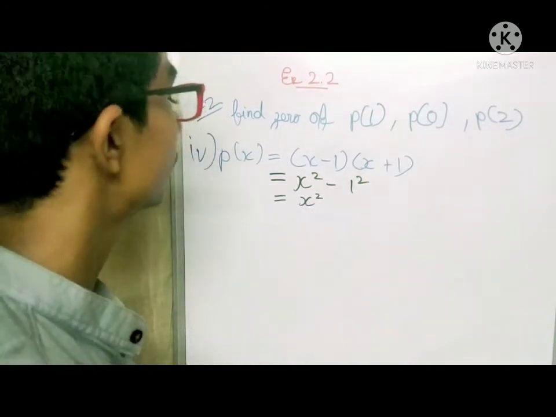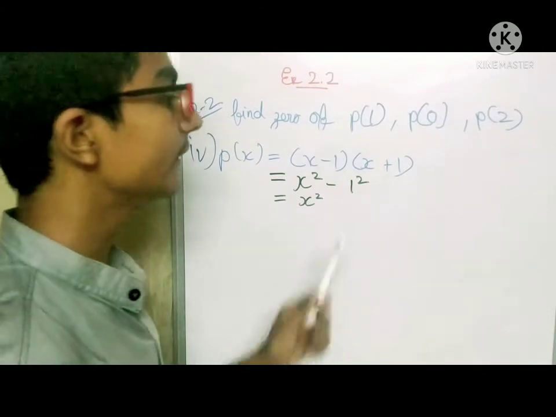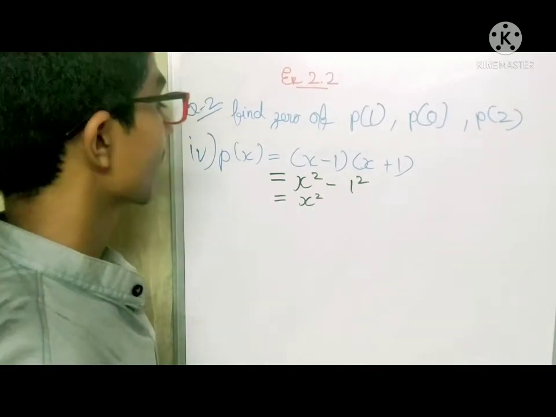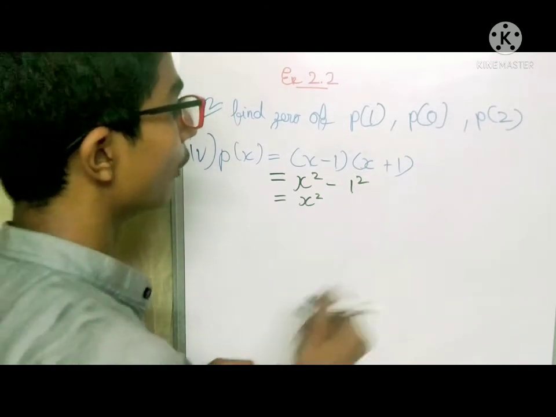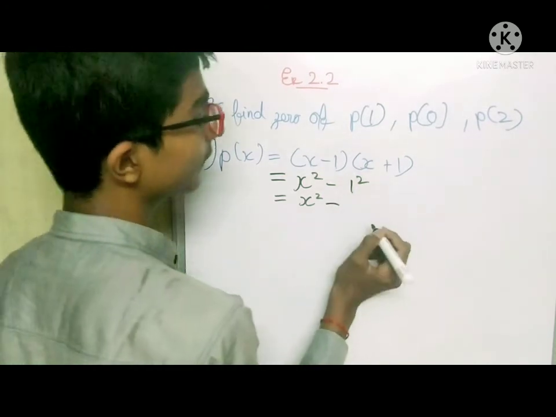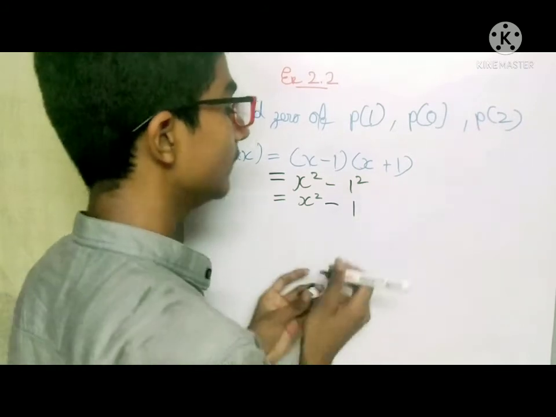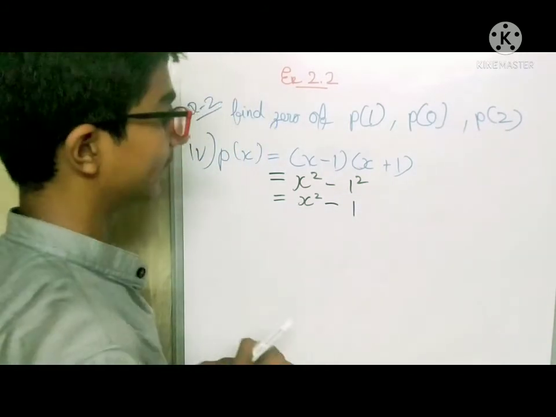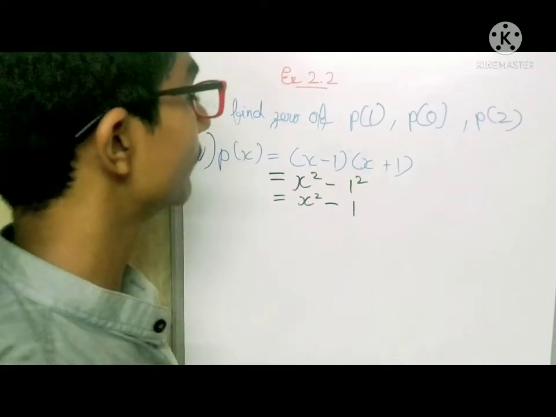Remember, when we write the square or cube of any variable, the square or cube will be mentioned above. But if we write the square or cube of any constant, then it will be written as only the number, not the square or cube. It's a fact. So this is our final equation.